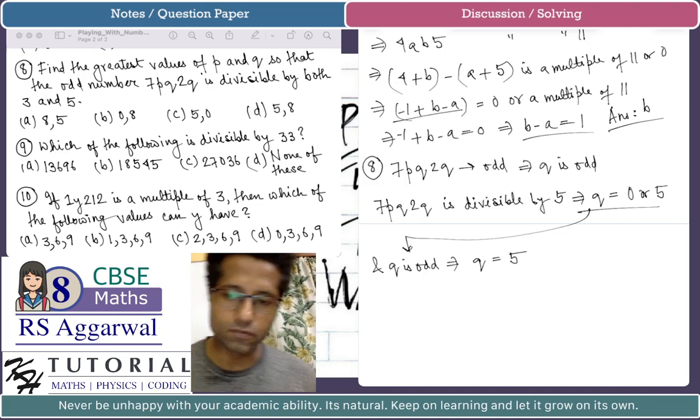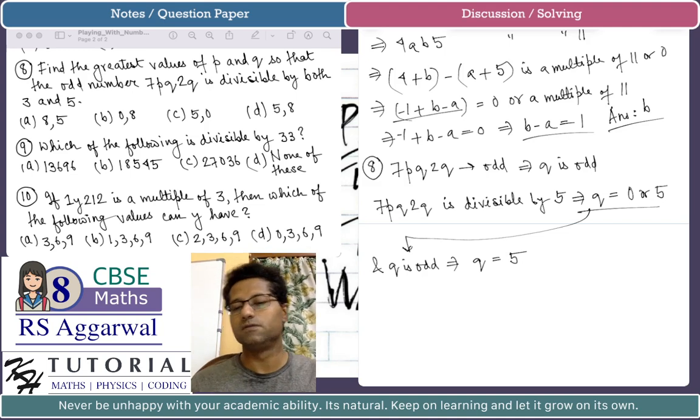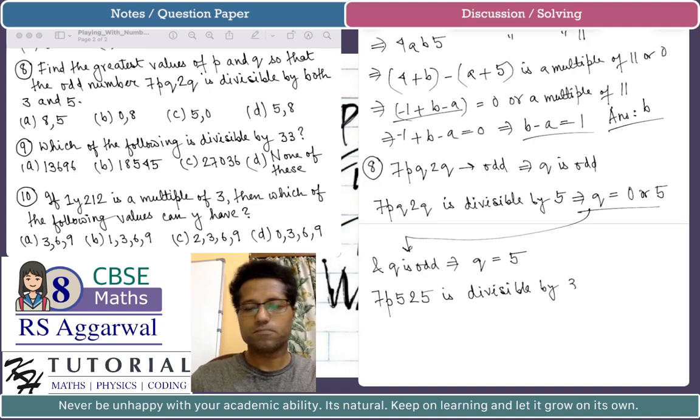So we know that Q is 5. Now we have to find the value of P using the fact that the number 7PQ2Q is divisible by 3. So we now have 7P525. It is given that the number is divisible by 3.